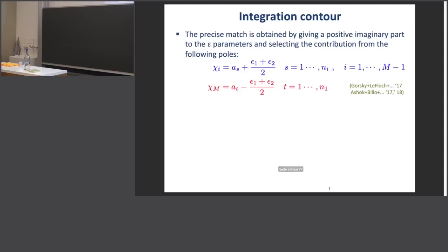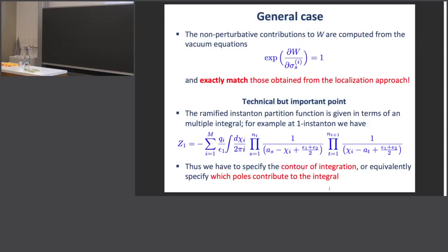And this is what we have found. These epsilons are, as I told you before, the omega deformation parameters, but it is very useful to make an analytic continuation and give them an imaginary part, treating them as complex numbers.